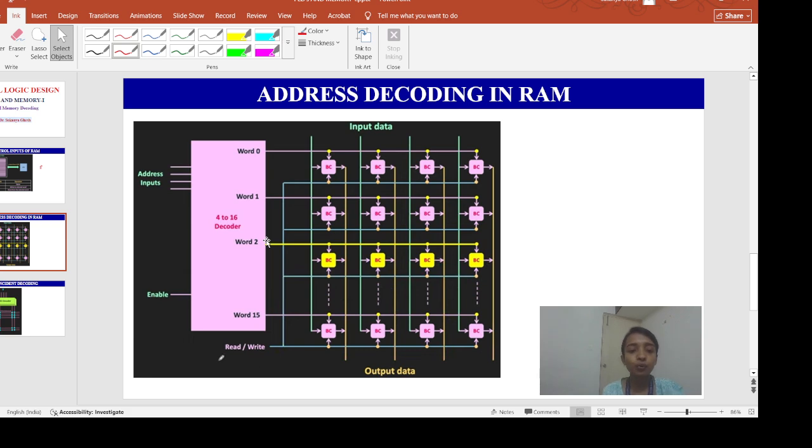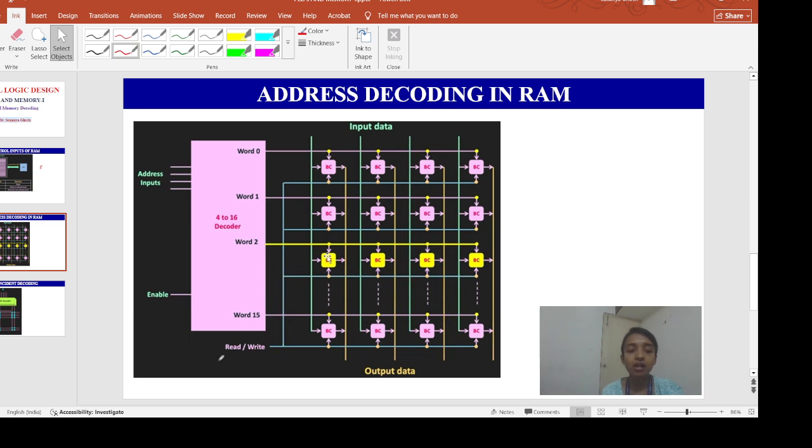If we want to write the data, instead of 1, 0 will be applied to the control line. So those addresses are decoded with the help of the decoder, and the read and write operations are performed in the memory.